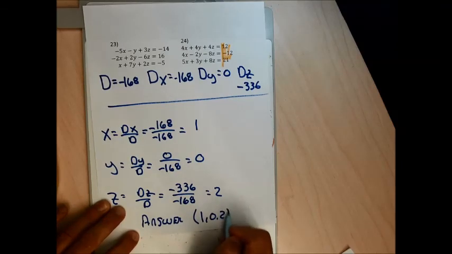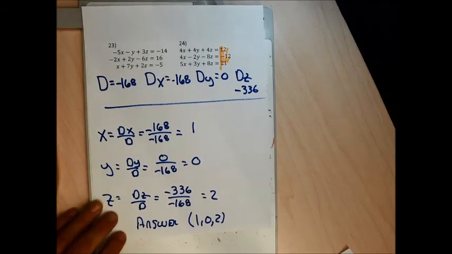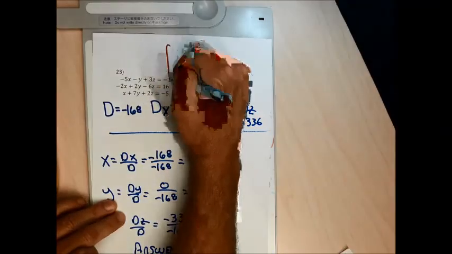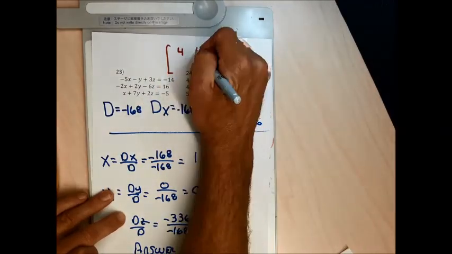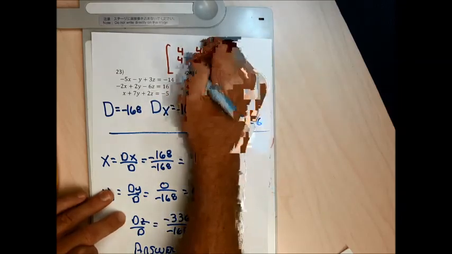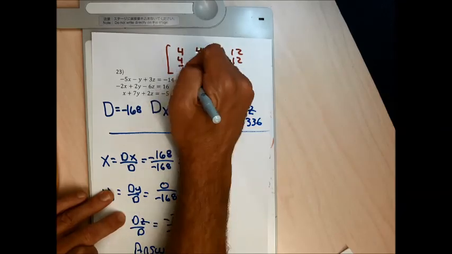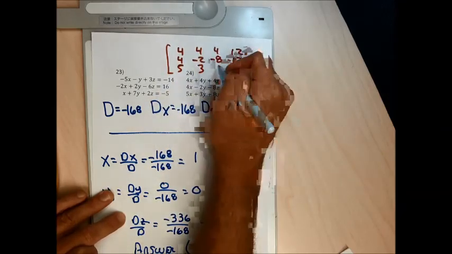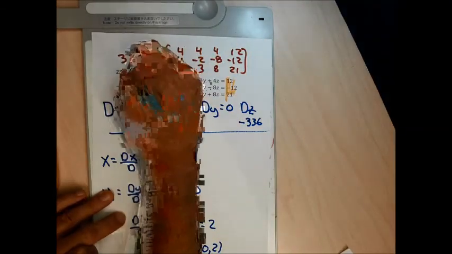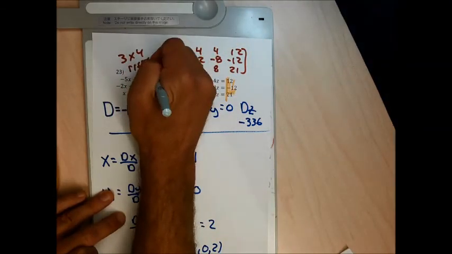I'm done. It's completely optional to check. The easiest way to check is doing RREF. If you don't want to check, you don't have to. But for my checking, I'm going to enter the matrix 4, 4, 4, 12, 4, negative 2, negative 8, negative 12, 5, 3, 8, and 21. It's a 3 by 4 matrix, and I'll do RREF.